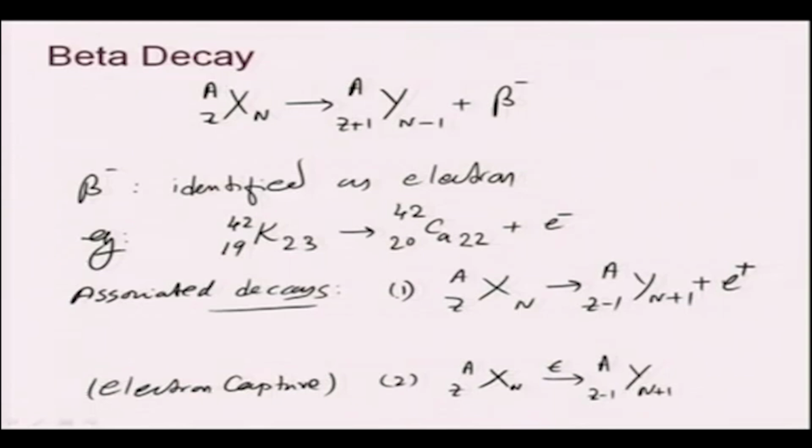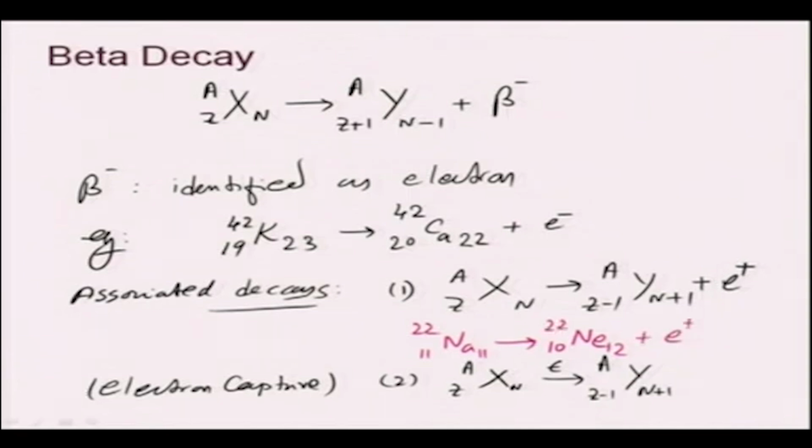An example of positron emission is, say, if you consider sodium with 11 protons and 11 neutrons, it undergoes positron emission to become neon with 10 protons and 12 neutrons, along with emission of a positron.